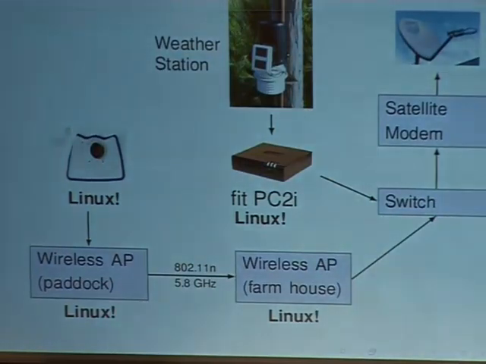Then the wireless, which is 5.8 gigahertz, goes off to the wireless access point at the farmhouse. Of course, the wireless access points run Linux, and there's a switch and a little Fit PC2i that gets stored on it. And there happens to be also a weather station as well. Then it goes into a modem and into the satellite, and then all the way back to places like this place on the internet.